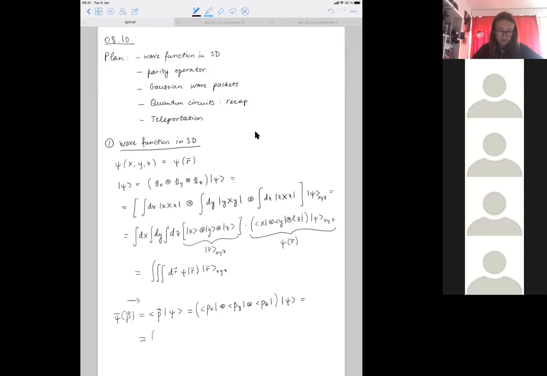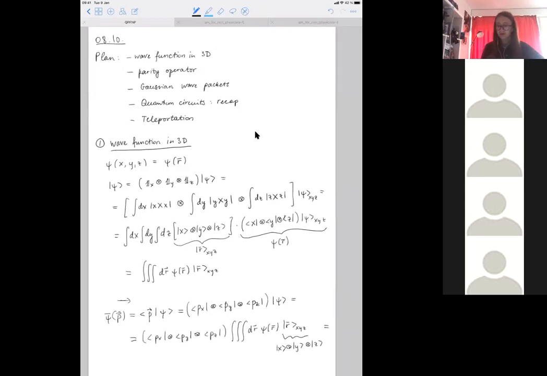So this stays, and instead of this, we write the integral dr psi of r, |r⟩ with x, y, z. And |r⟩ we can write out as |x⟩ tensor product |y⟩ tensor product |z⟩.